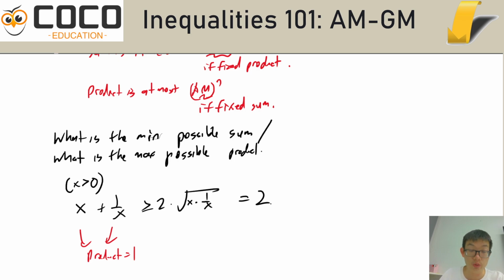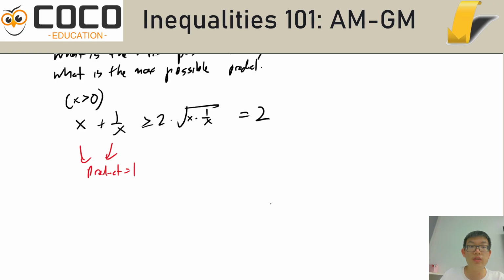So it's at least 2. If I now had 2x plus 1 over x, I would then say that it's greater than or equal to 2 times the square root of 2x times 1 over x, which means it is 2 square root 2.